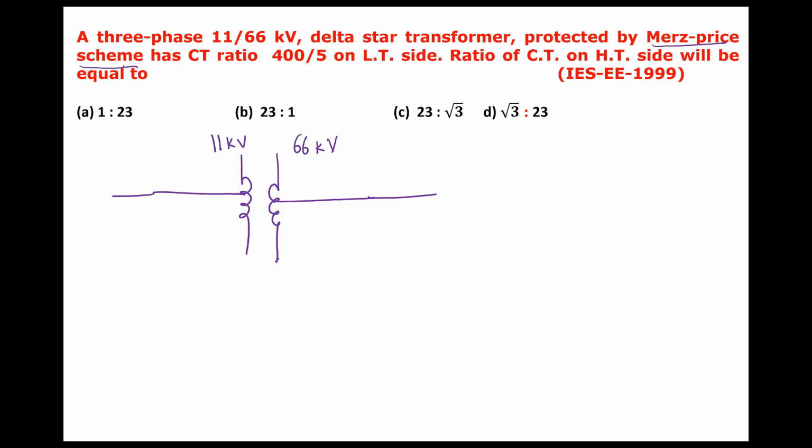What is the Merz-Price scheme? Percentage differential current protection. The LT side CT ratio is how much? 400/5. What is the HT side CT ratio? That is the question. Understand?